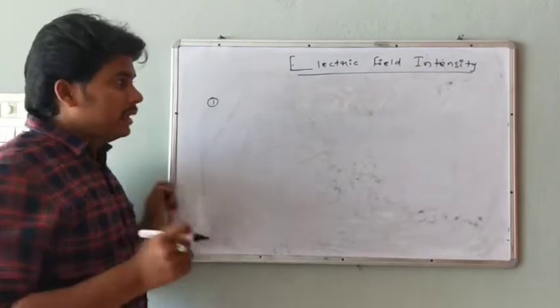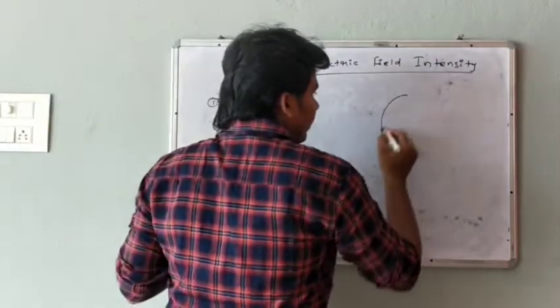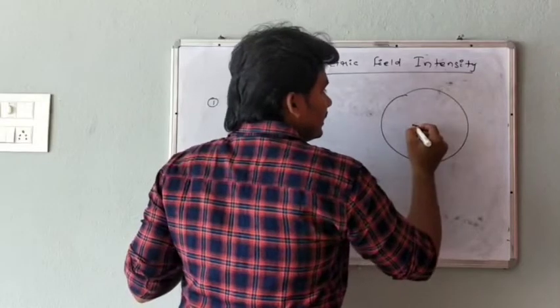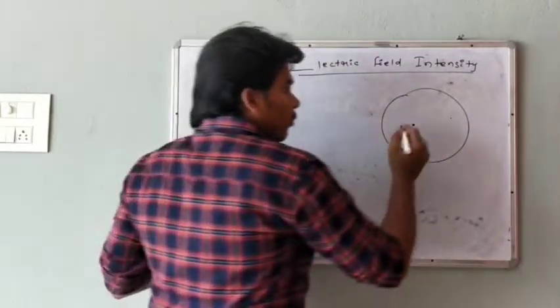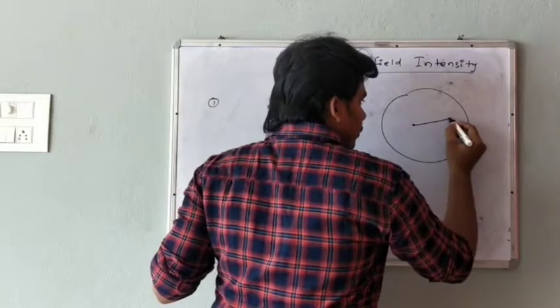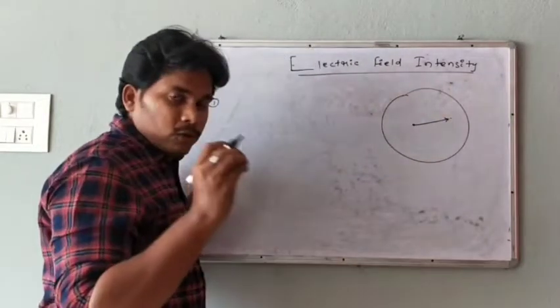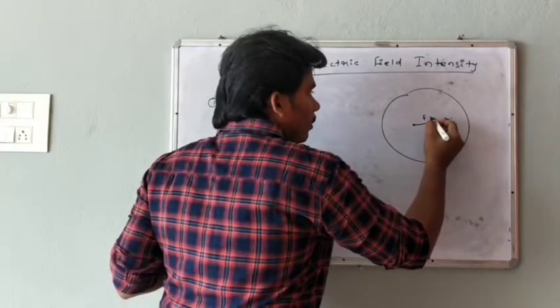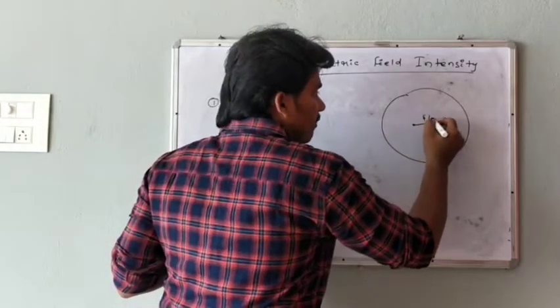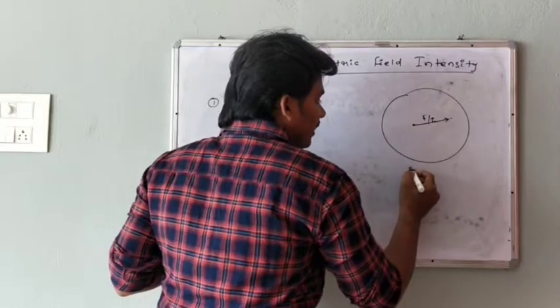That means, if this is an electric field, this is a source charge, and this is a test charge, the force experienced by the unit positive charge, per unit positive charge, will give the electric field intensity.